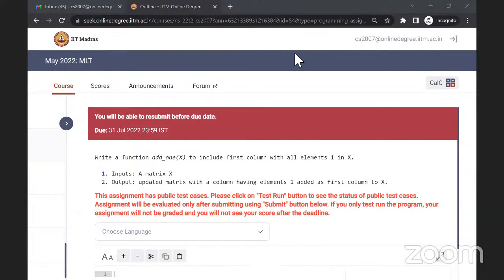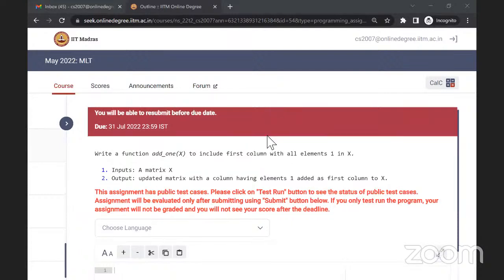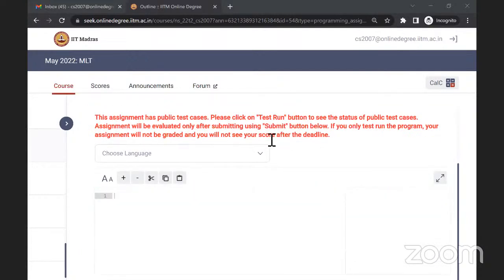I have received an answer also from Aisha. Please, this is a solve-it-yourself session, so please type in your answers and paste them in the chat box. We'll discuss those. Take a couple of minutes.